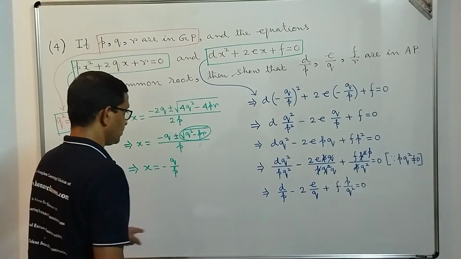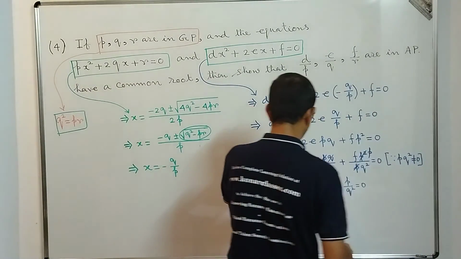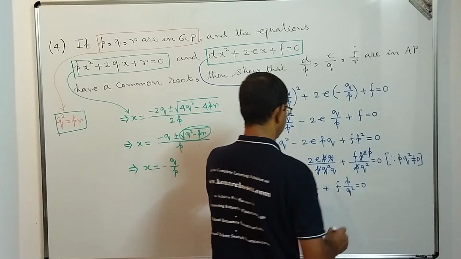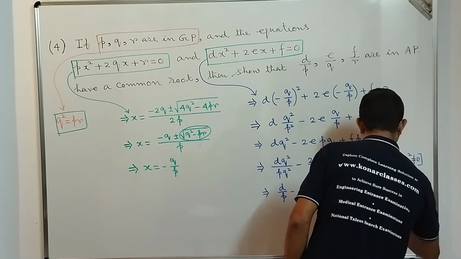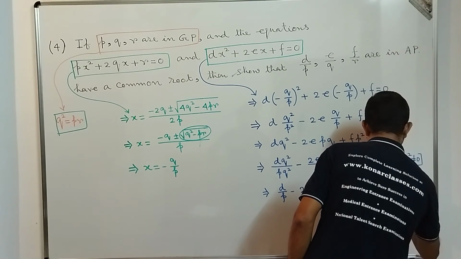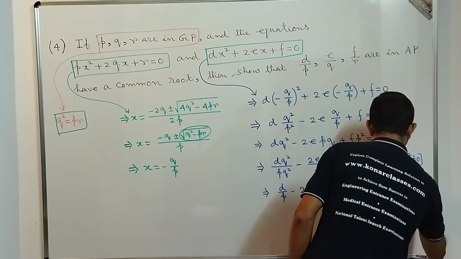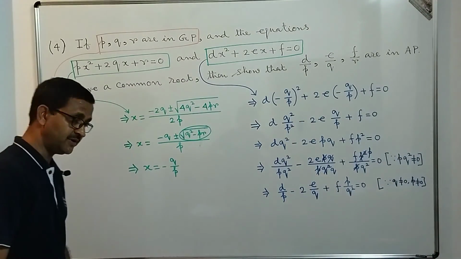Correct? We are able to cancel since q square is not equal to 0 and p is not equal to 0, so we can cancel from both the numerator and denominator.